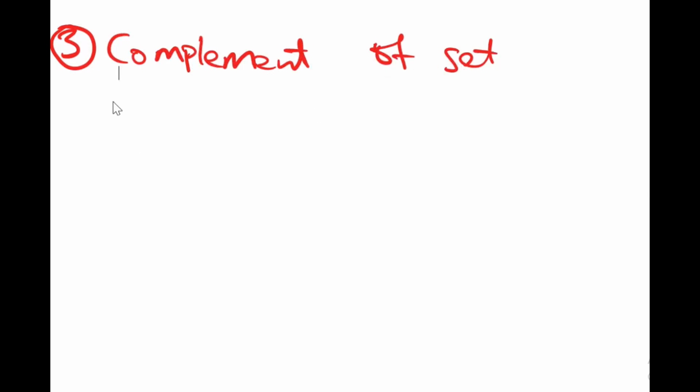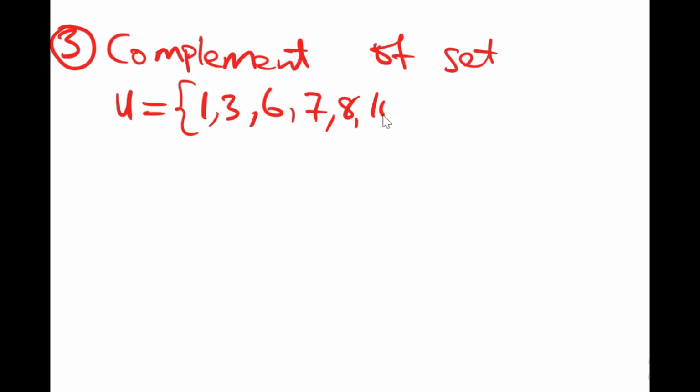The complement of a set. If I have a universal set U to be 1, 3, 6, 7, 8, and 10, and A to be 3, 6, 8.